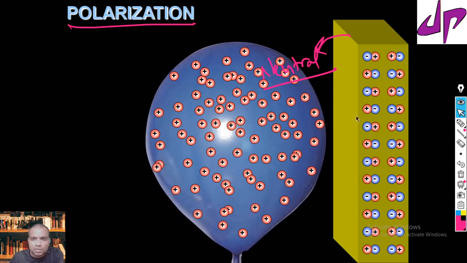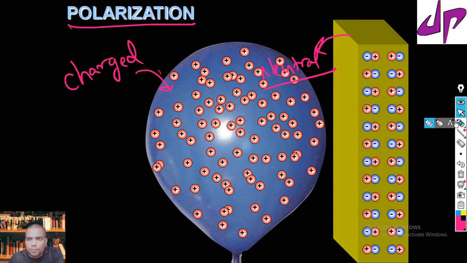This is the charged object, this charged balloon. Now if this charged balloon is close to the neutral object, what happens? Observe closely: suppose this neutral object is a conductor, then the electrons have a tendency to move within the metal surface.